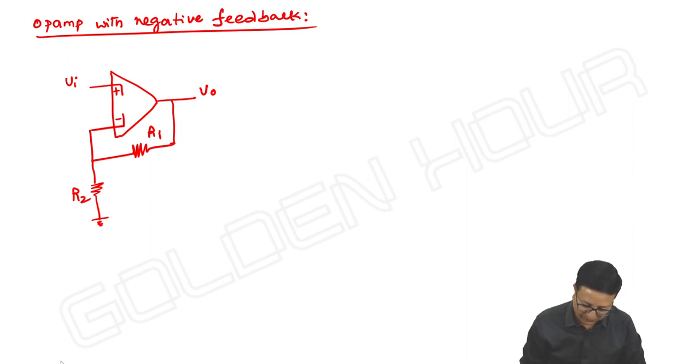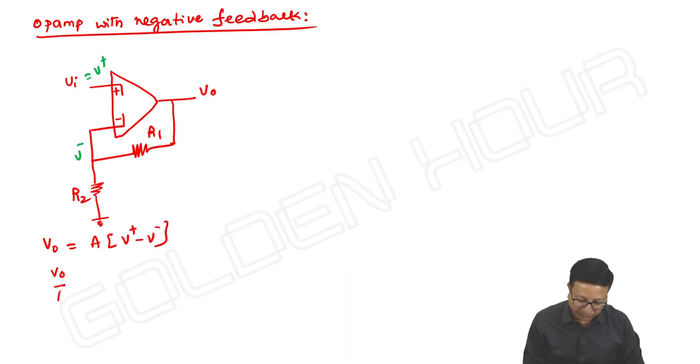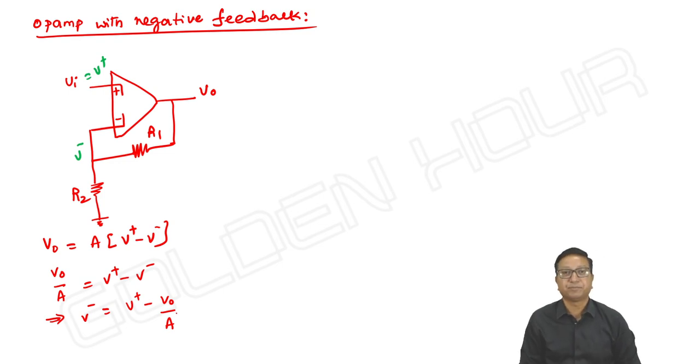If you take the voltages at inverting and non-inverting terminals, it is V minus and V plus. So how do we find the output in this particular case? First we know that V output is equal to A into (V plus minus V minus). Further, V output by A is equal to V plus minus V minus, implies V minus is equal to V plus minus V output by A. Keep it aside.